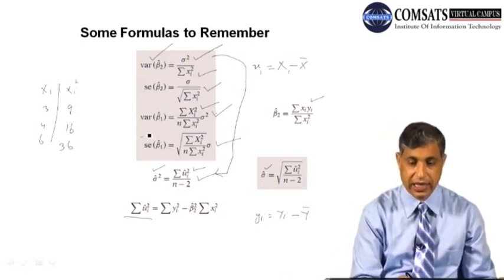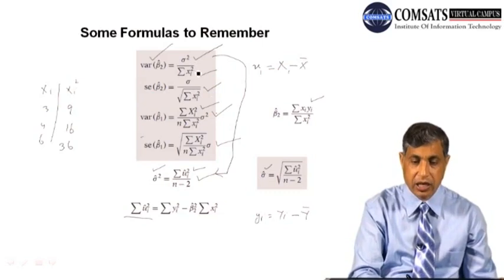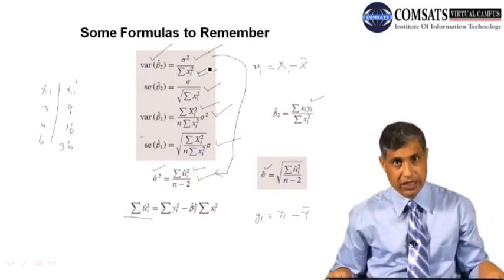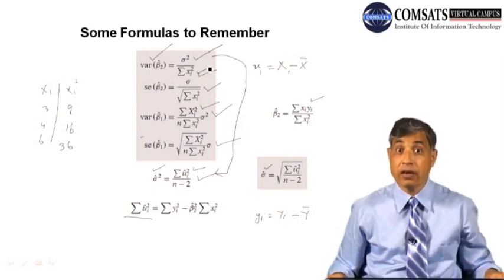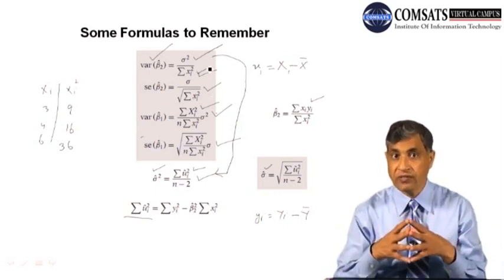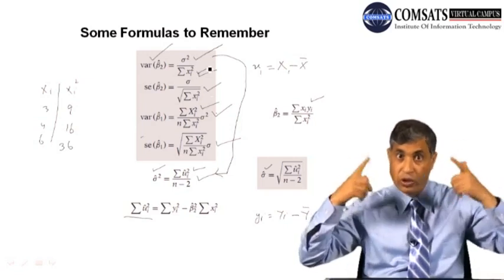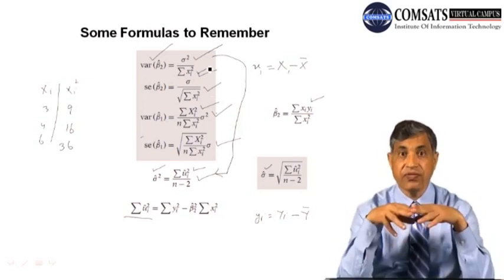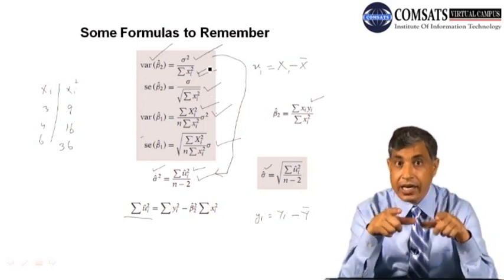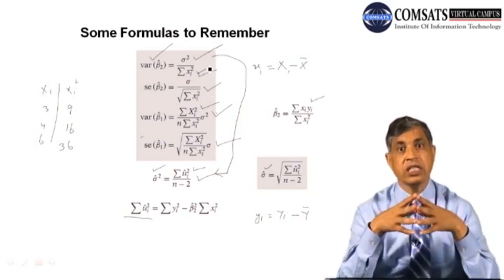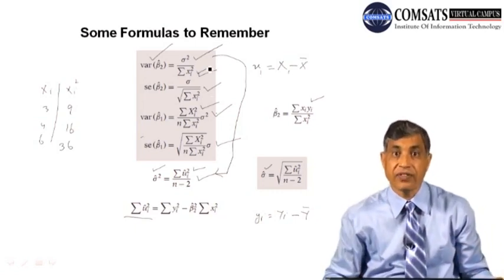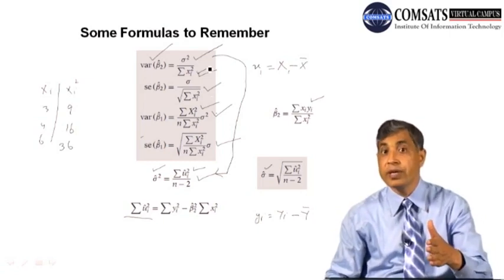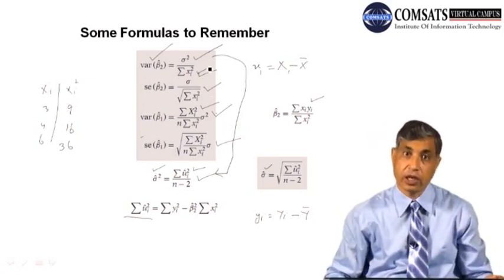Without looking at the formula, intuitively, if the variance of the error term, sigma square, is higher, there will be a higher variance of beta 2 hat.